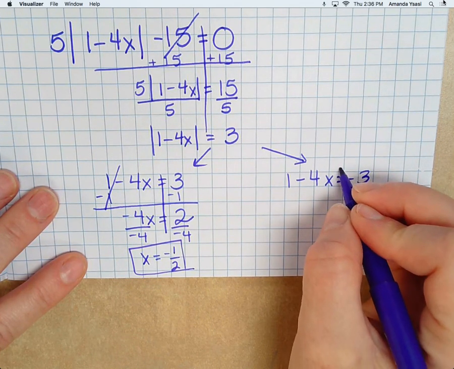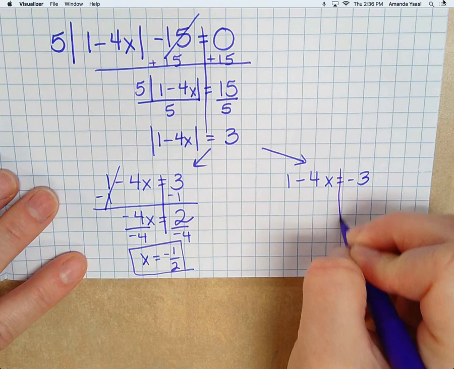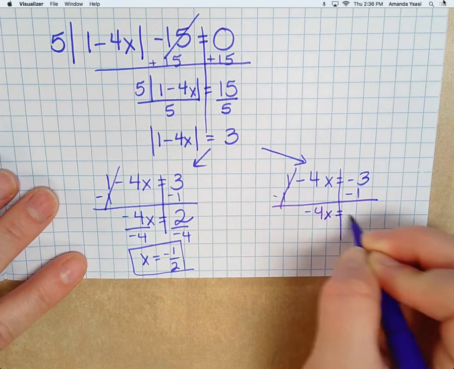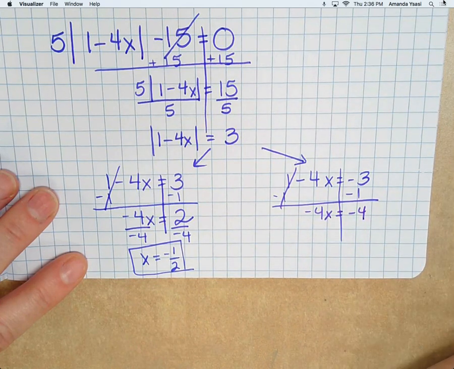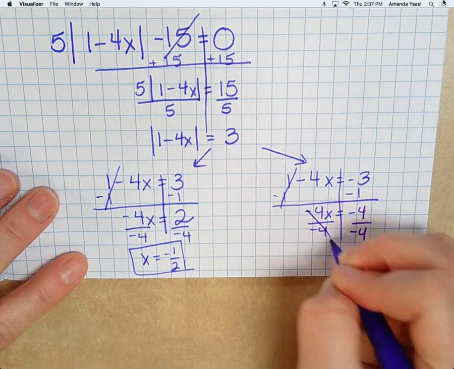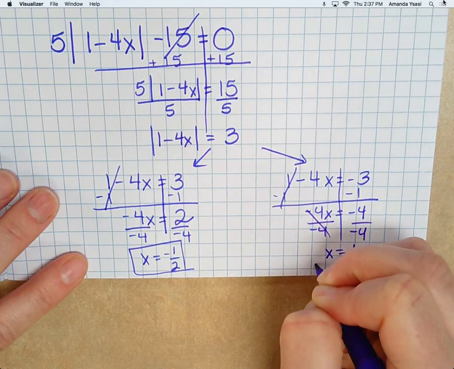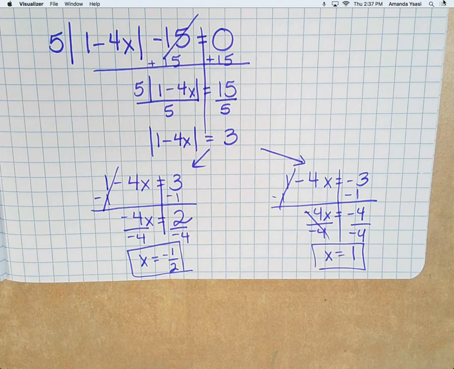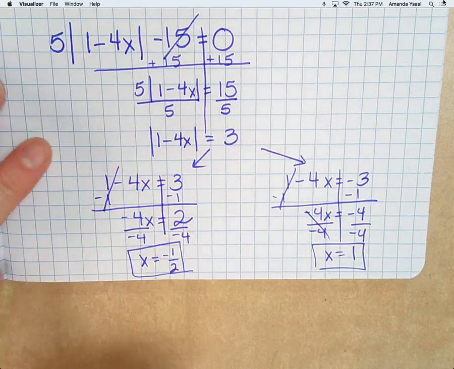And then the other one, minus 1, negative 4x equals negative 4, divided by negative 4, x equals positive 1. So either answer will work. Make sure you plug it in to check it.